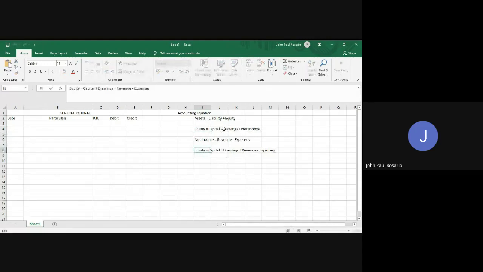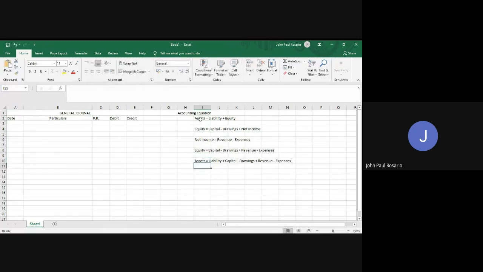And then we know that equity is composed of these four, so we can substitute equity here. So with that, equity is capital minus drawings plus revenue minus expenses.